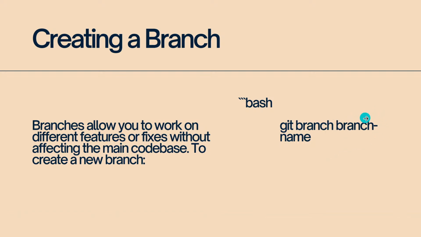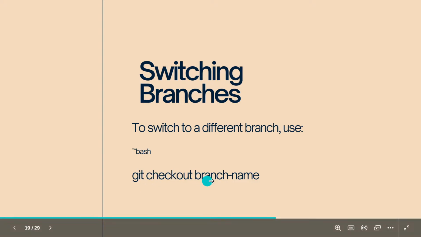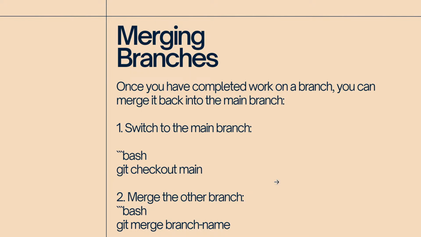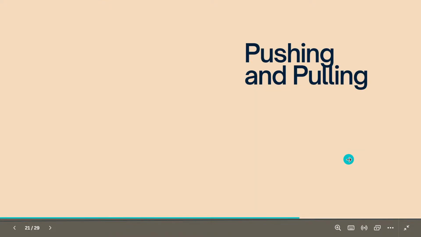If I'm working with a branch dev, I can just say git branch dev, and it will create that branch. Then when I am switching, I'll just use git checkout and then the branch name. When I'm merging branches, you switch to the main branch and then merge the other branch by using git merge and the branch name.